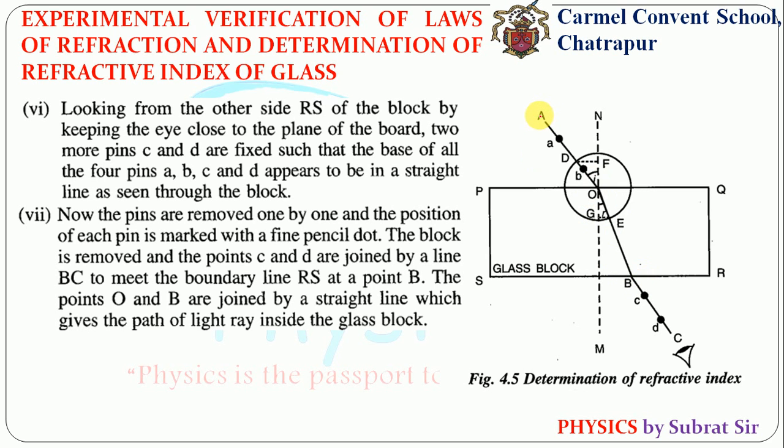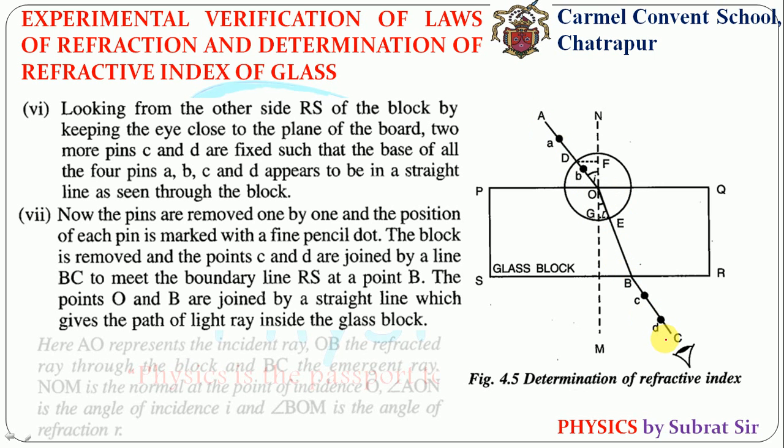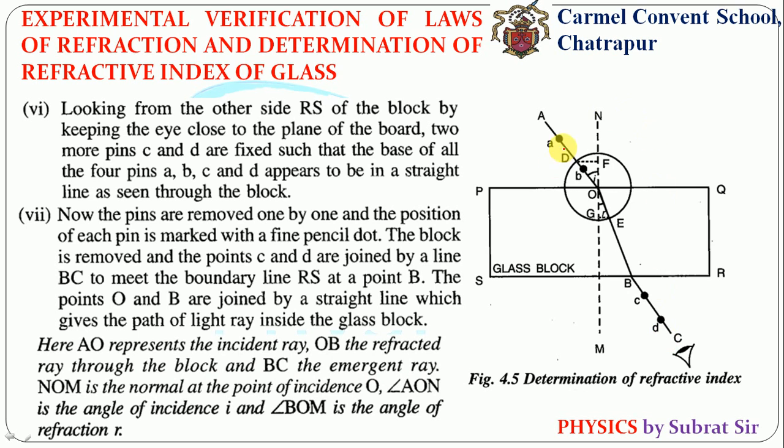So how does the ray of light go inside the glass block? See, from A to O, then it is refracted through the glass slab. It goes from O to B like this, then from B to C, again refracted out of the glass slab. Here AO represents the incident ray, OB is the refracted ray through the block, and BC is the emergent ray coming out from the block.